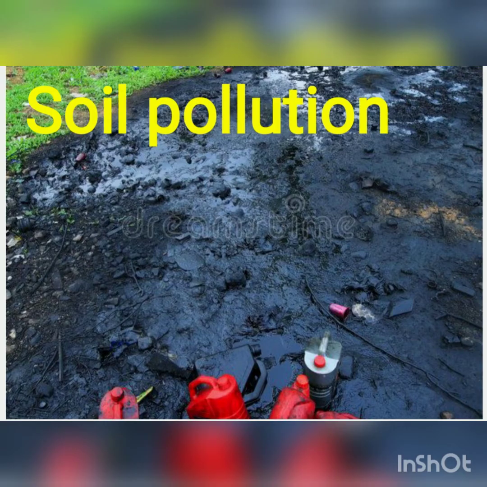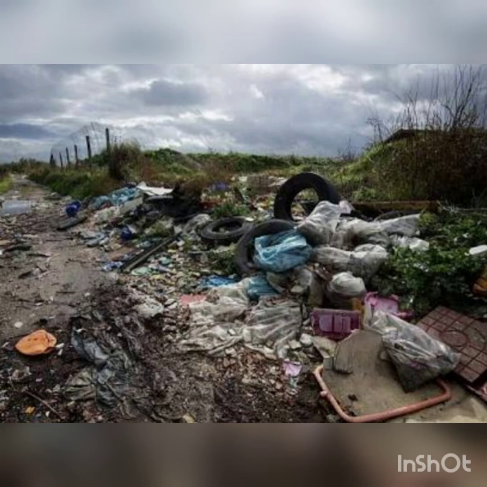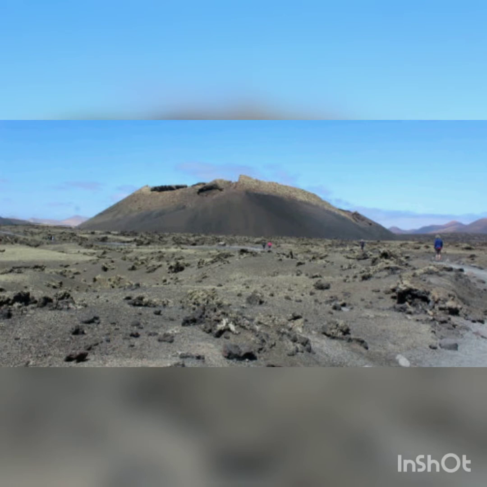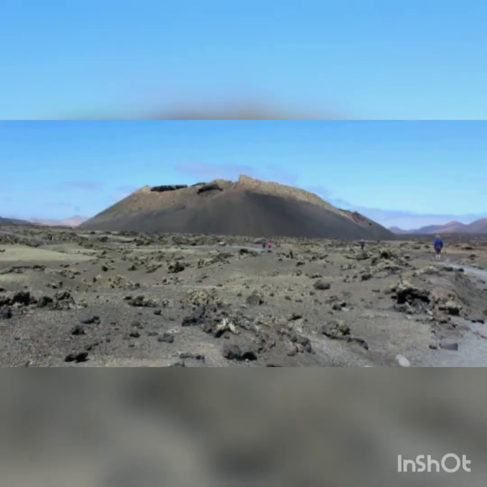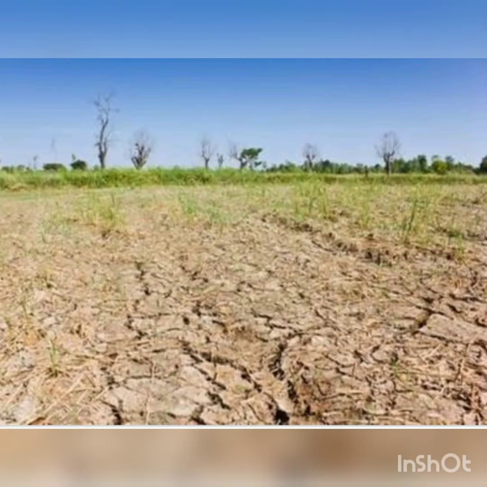Now let's see what is soil pollution, how is it caused, and what are the consequences. Soil pollution can also be called land pollution, and it happens when pollutants cause soil to become infertile or unusable. Soil in volcanic areas and oil fields is often polluted by volcanic activities and minerals. This is why soil in these areas has no vegetation.